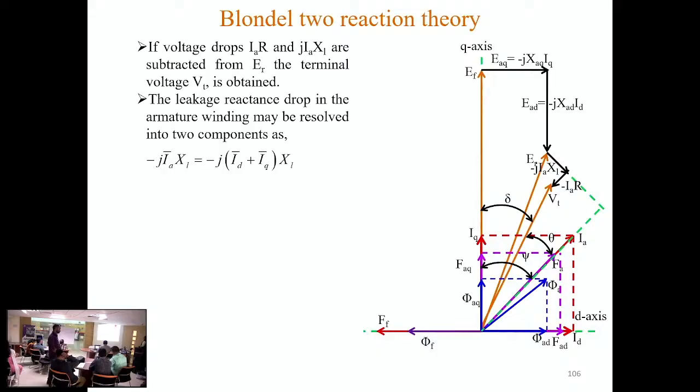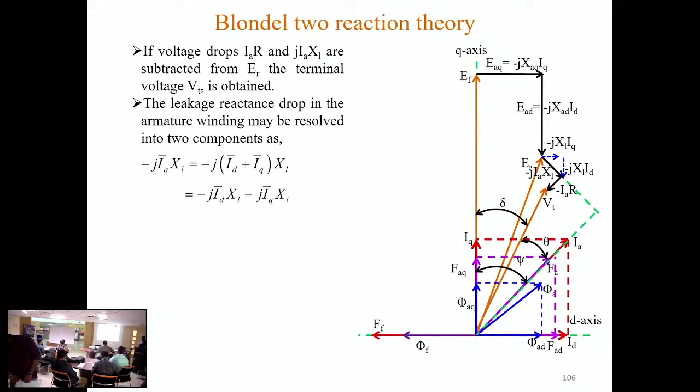So minus J IA XL, that IA is resolved into two components, ID and IQ, and now we have two leakage reactive drops, one for ID, another for IQ. ID XL will be added to ID XAD, IQ XL will be added to IQ XAQ. So these two are added.